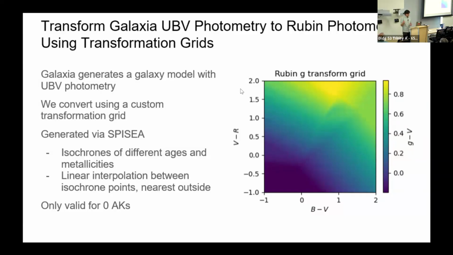And then we do a linear interpolation between the points, and then a nearest interpolation for anything outside the isochrone that doesn't get captured. This is only valid for zero extinction, which is the only drawback, but is very powerful for our case.